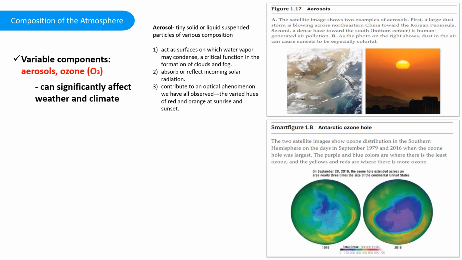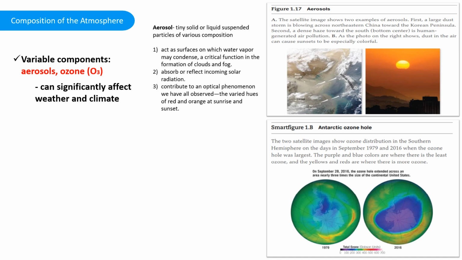The next here, as shown in the picture below, is the Antarctic ozone. You can see in the Antarctic ozone, the color violet is the hole. From 1979 to 2016, the hole has become bigger.